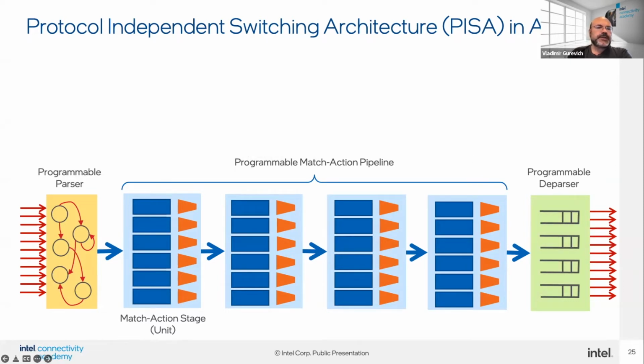So the match action pipeline consists of multiple stages, and each of the stages performs fundamentally the same operation. It performs a match using some packet fields or intermediate results, and then it executes an action. And then all these stages, which constitute this pipeline, are connected together with the header and metadata bus.